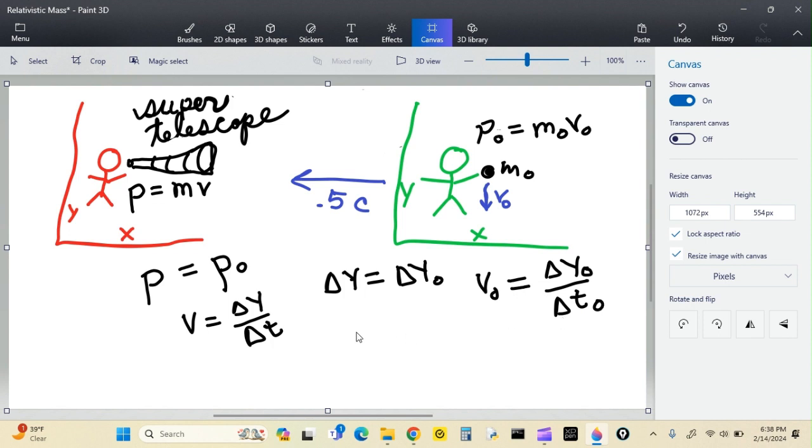And we're going to say that the delta y is equal to delta y0, but the delta time is not going to be the same. So we're going to use the relationship for delta t and delta t0 to somehow figure out what's the difference between the m and the m0.